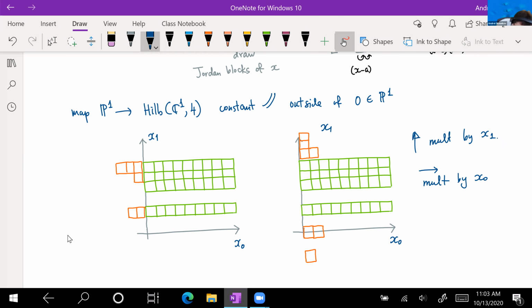And so that would be the PT chamber, which means the x0 module generates a free module. So the x0 maybe acts freely.